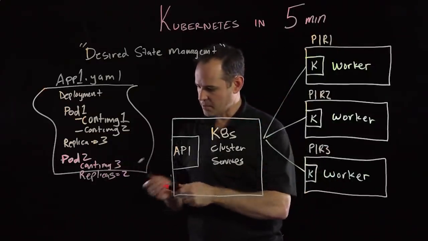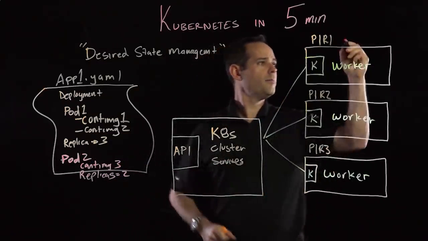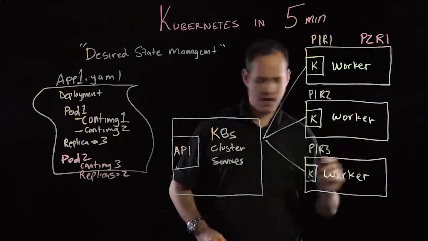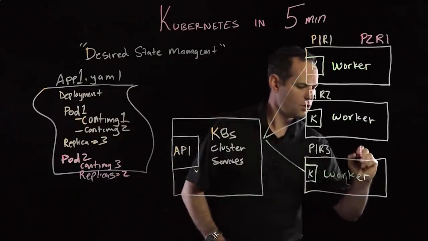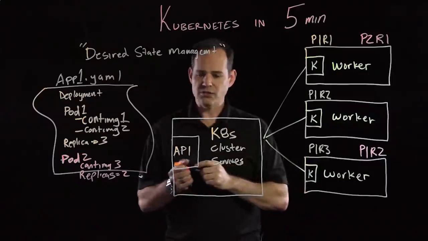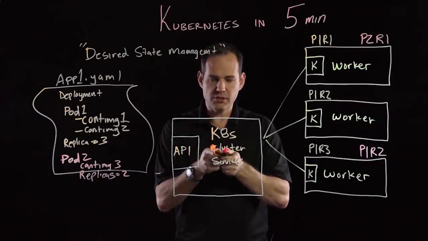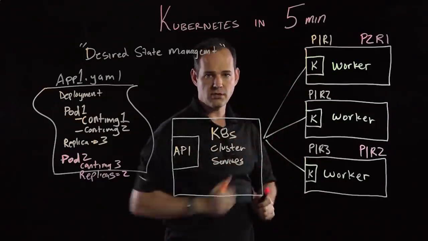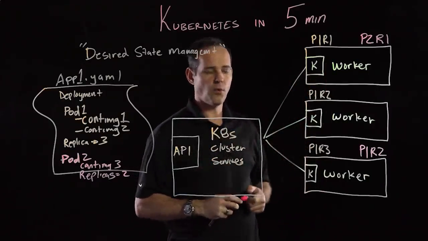In addition, I've also got my pod 2, pod 2 replica 1, and in this case we only have 2 replicas, so pod 2 replica 2 here. You can see that at any point in time, the cluster services are responsible for making sure that configuration is running across all of my container hosts, or my workers.